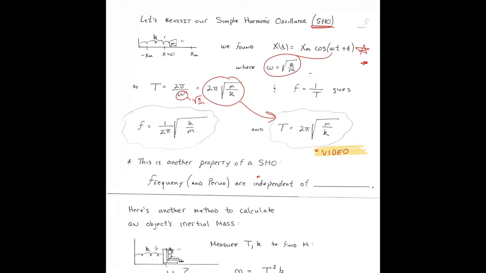So m is the mass of the block and k is the spring constant. We'll be doing a lab in which you'll have an oscillating system. You know the mass of the block, you know the spring constant, and you calculate the period and compare that to the measured period while the system is oscillating up and down in front of you. This expression is for an ideal case where the spring's mass is negligible compared to the oscillating mass.